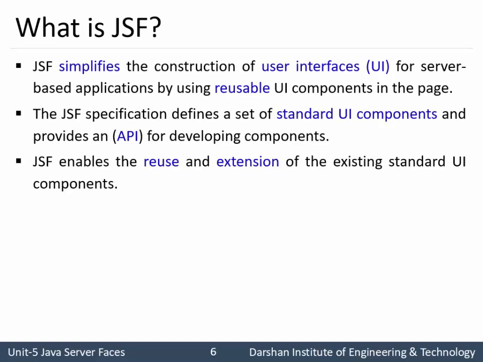Next point, JSF enables reusability and extension of existing standard UI components. The standard UI components can be reused by developers and the functionality of those components can be extended.